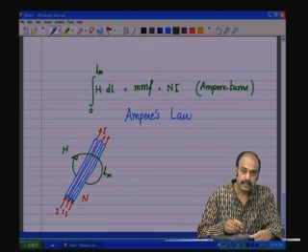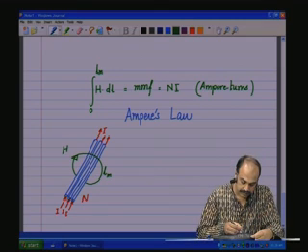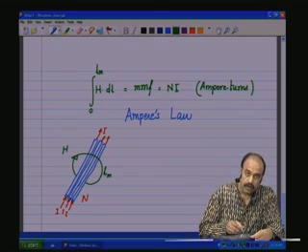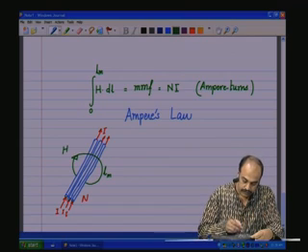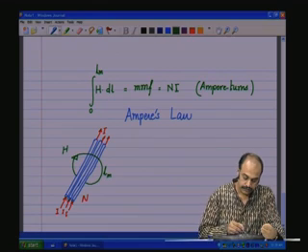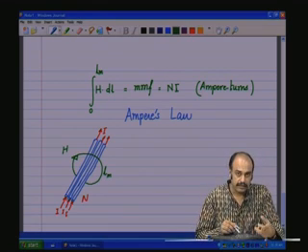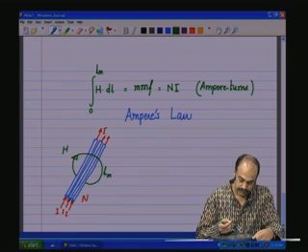You have a current I, and if there are N such conductors, all carrying the same current, then Ni would be the magnetomotive force which is going to drive the flux in the magnetic material around the conductor.